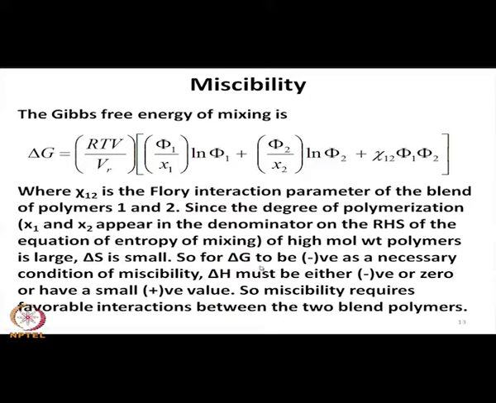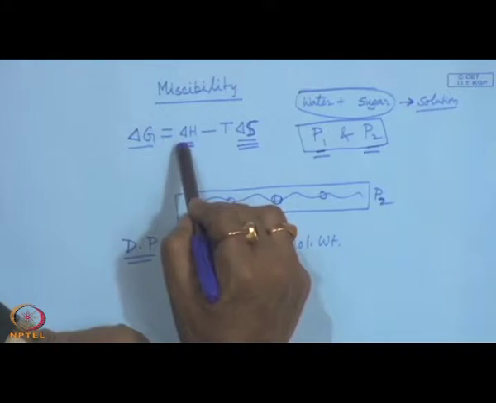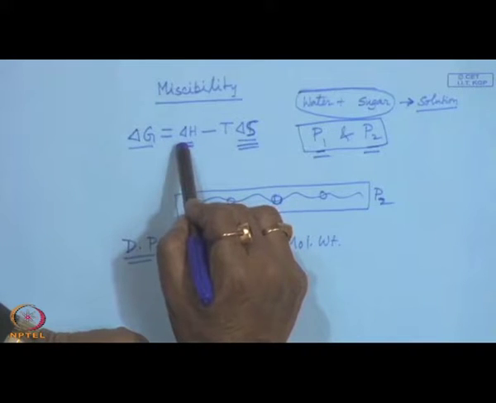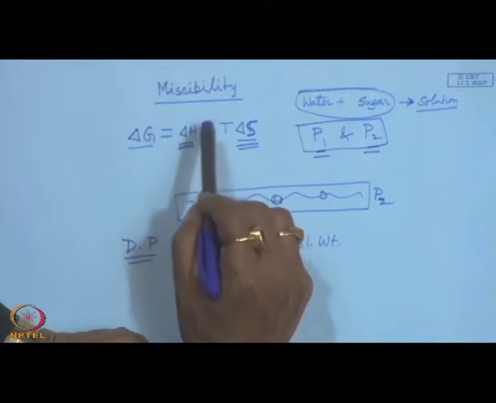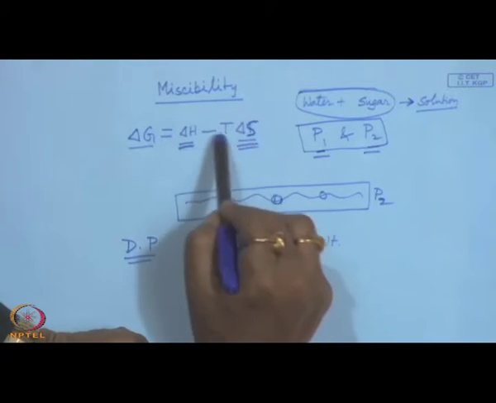So, in order to get delta G to be negative as a necessary condition of miscibility, there is no other option but to have this delta G negative or 0, or a very small positive value. Even if it is positive, that should be very small. So, this term becomes bigger.